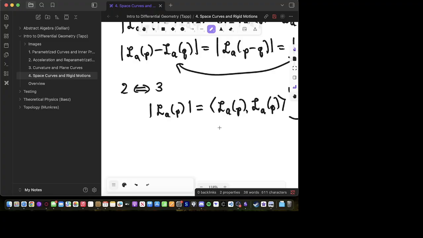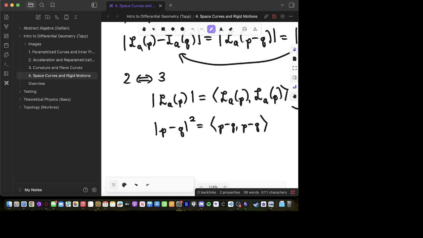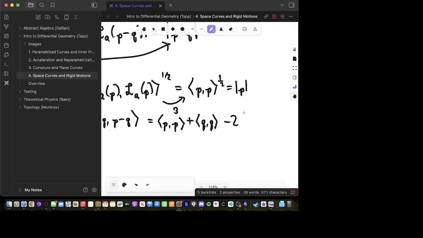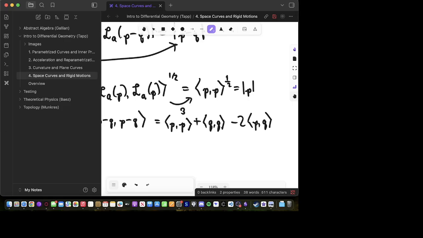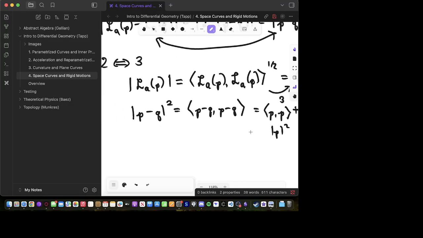And then for the converse, if we have this from the relationship between the norm and the inner product, and this becomes, when you solve, the norm of p squared and the norm of q squared.